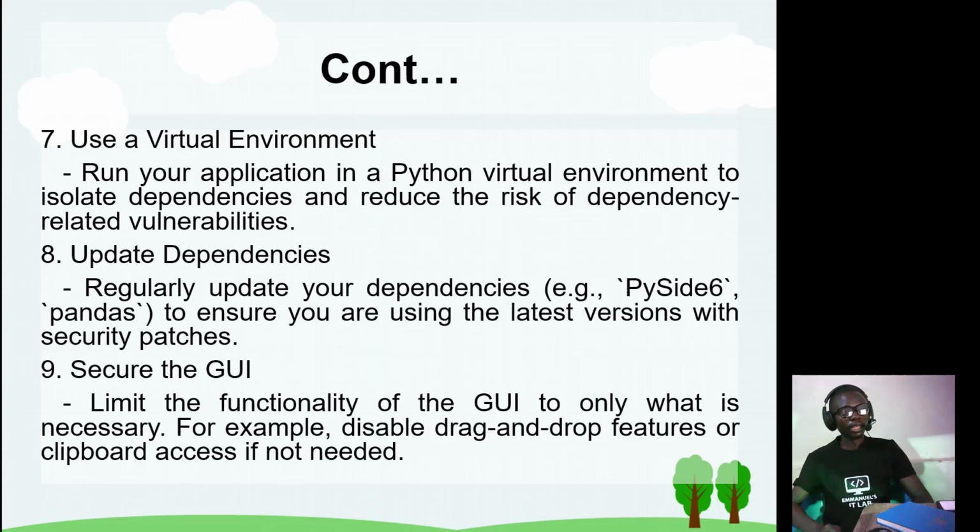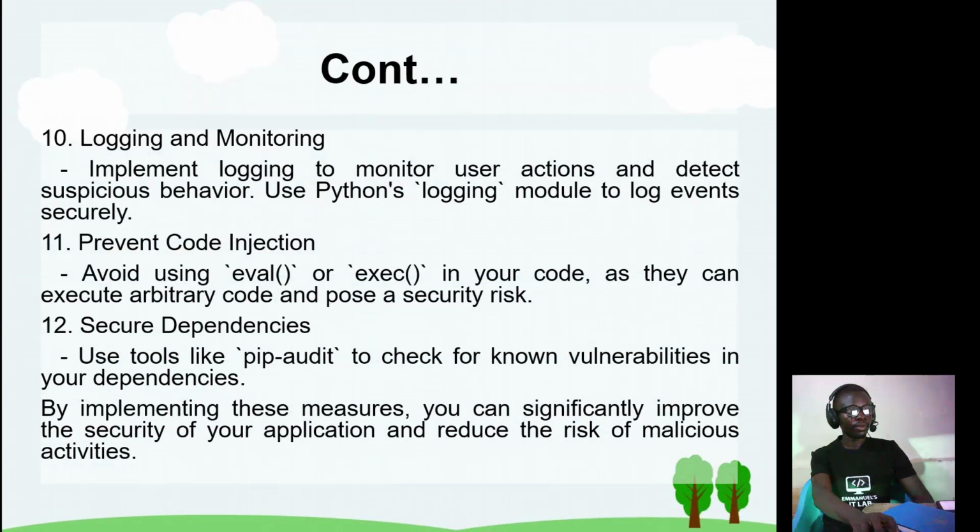An example, disable drag and drop features or clipboard access if not needed. In case there is no need for copying and pasting, you can disable the clipboard. Then logging and monitoring: implement logging to monitor user actions and detect suspicious behavior. Use Python's logging module to log events. If you're on a website, also check out what can best support you in that.